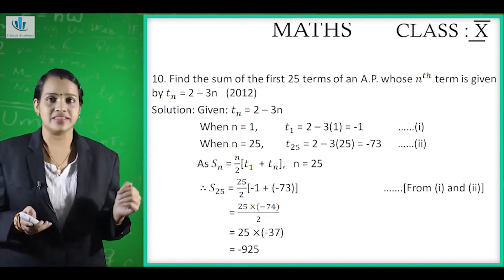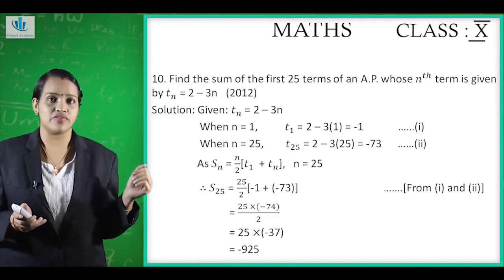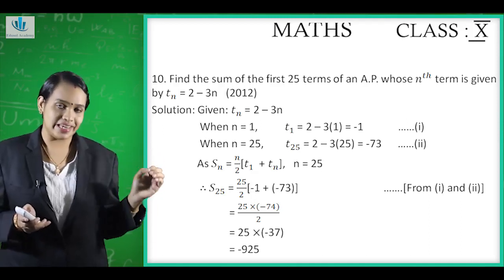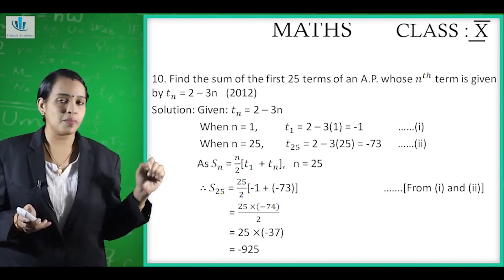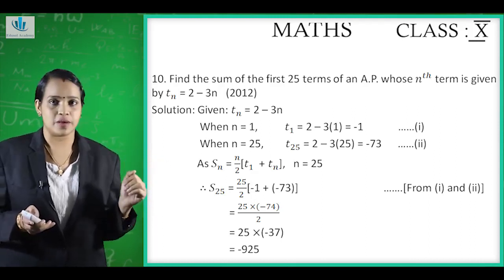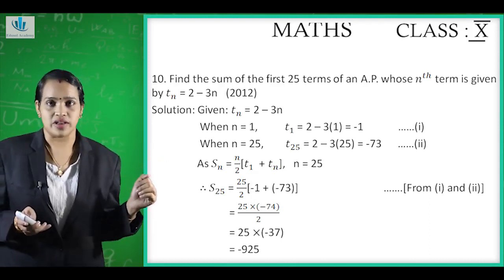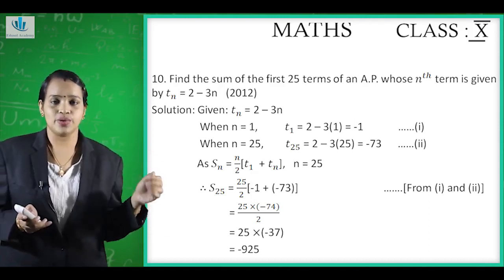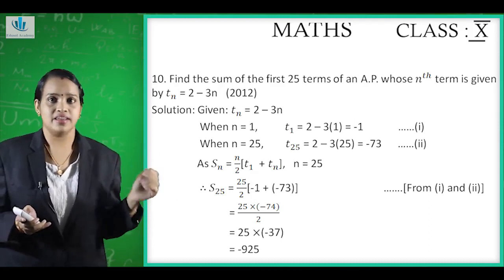Now, the next question is, find the sum of the first 25 terms of an AP whose nth term is given by Tn is equal to 2 minus 3n. This question has appeared in the year 2012. In the question it is given that Tn is equal to 2 minus 3n.